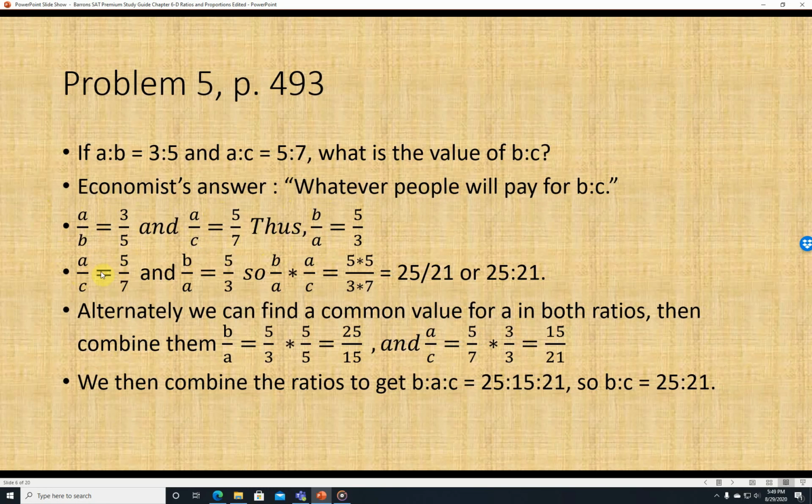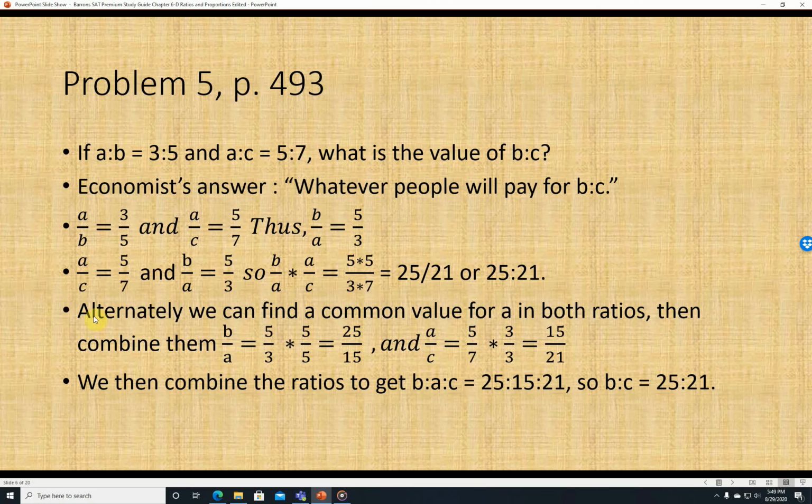Since a over c is 5 to 7 and b over a is 5 to 3, you just multiply b over a times a over c, which is 5/3 times 5/7. I had it in the wrong order here, but it doesn't matter, because of the commutative property. You multiply them to get 25 over 21, or 25:21, which is the answer listed there.